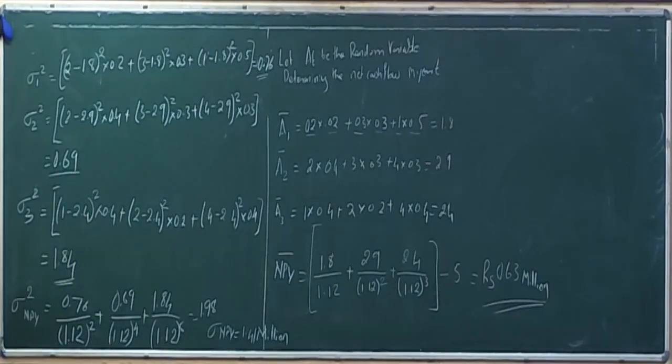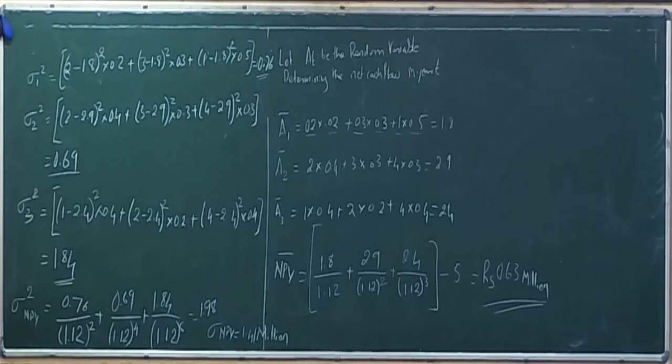So let us try to understand a problem from the chapter project risk analysis. On the board I have solved a problem of a project involving an outlay of rupees 5 million that has benefits associated with it. This project is for 3 years, and the cash flows associated with that project are as I showed you earlier.